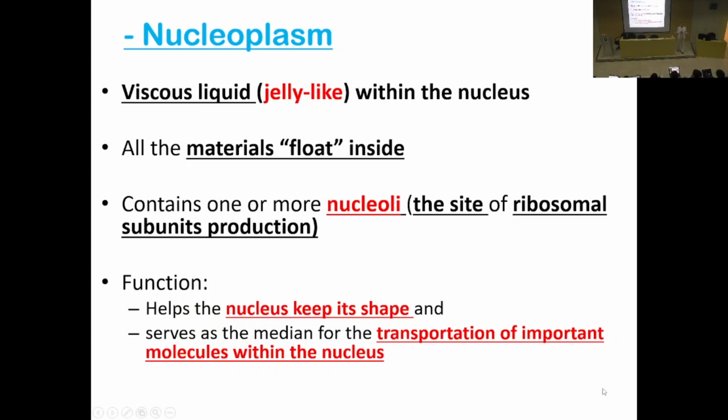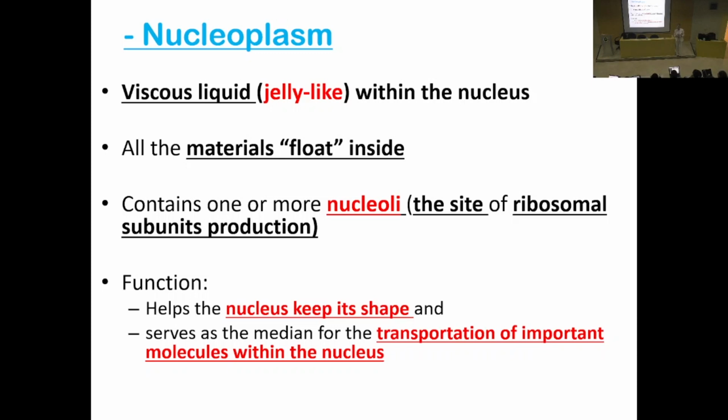All right. So what is the function of the nucleoplasm? It's very simple. Since it's a jelly-like structure, it is very malleable. So this allows the nucleus to keep its shape. This is very important for the shape of your nucleus. And the second thing, since it's liquid, some molecules inside can float inside the nucleoplasm.